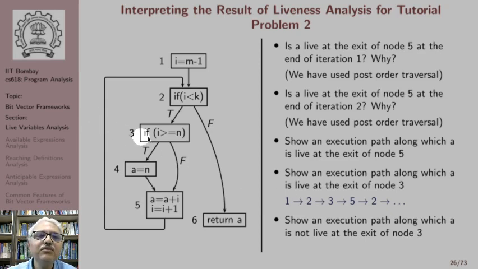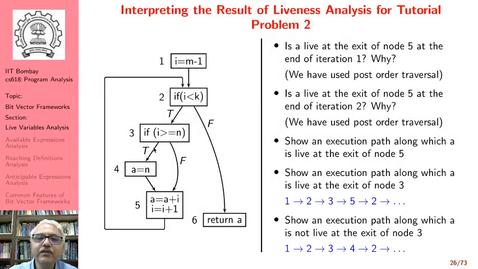The answer to this is easy. From 3, in any execution path, when we go to 4, the value of A is redefined. So at the exit of 3, A is live because it is used in 5 because of this control flow path. But when we talk about this execution path or this control flow path, A is not live.